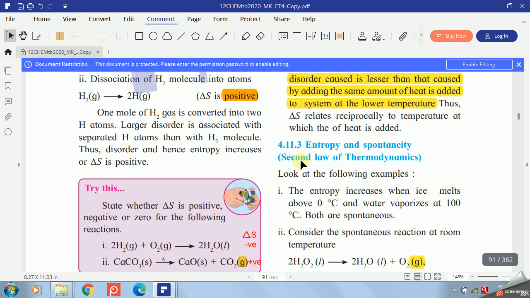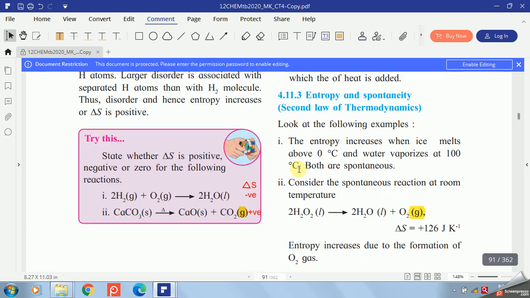Now we have to discuss the second law of thermodynamics, entropy and spontaneity. Let us consider two examples. First example, ice melts above 0 degrees and water vaporizes at 100 degrees. These changes occur naturally, so these are spontaneous.